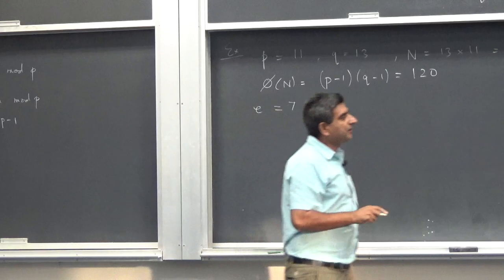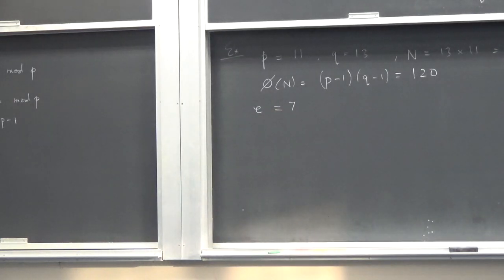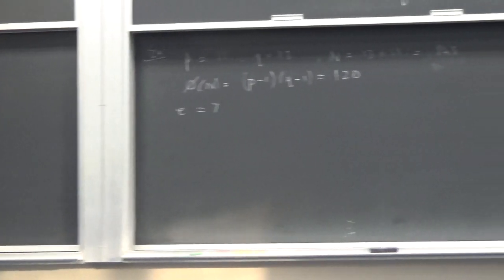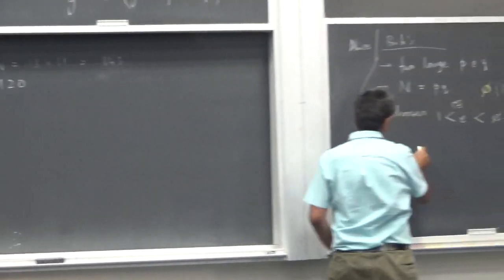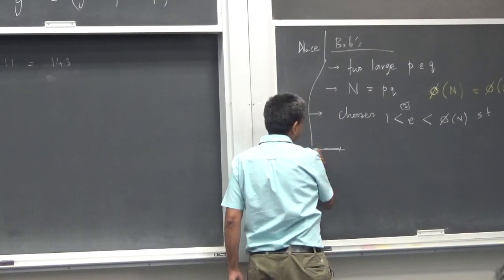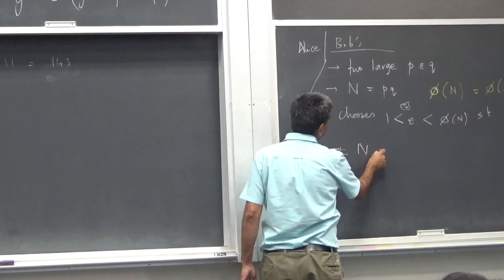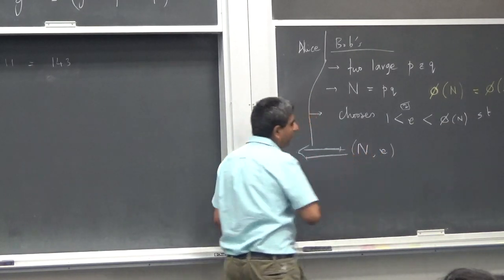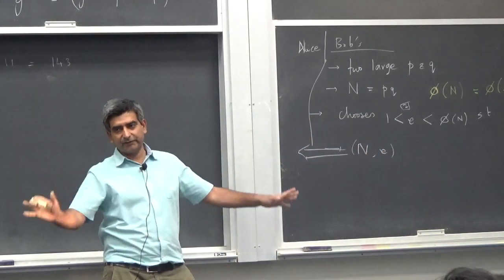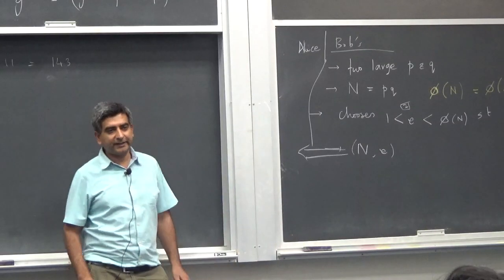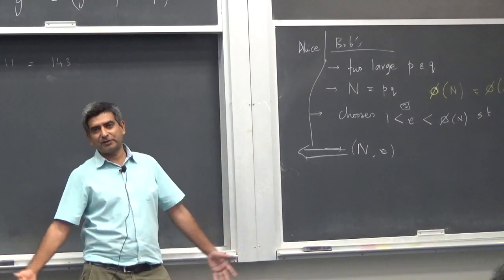Now what Bob does is, Bob shares N and E over the public channel with Alice, and therefore it goes to the rest of the world as well.